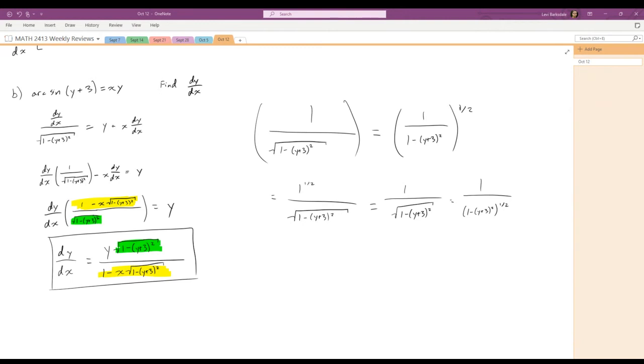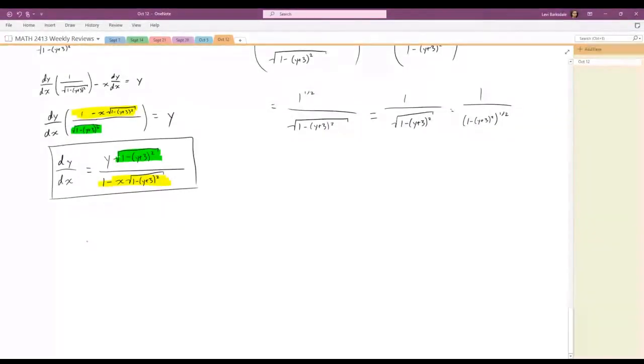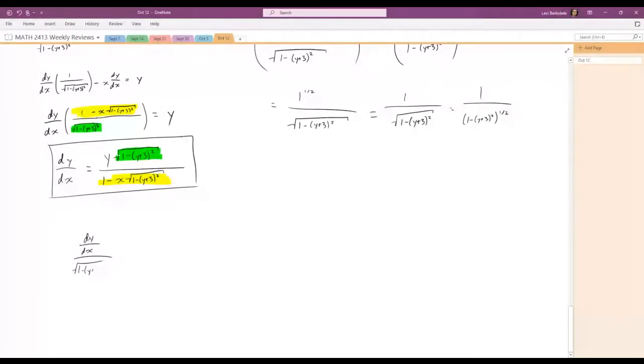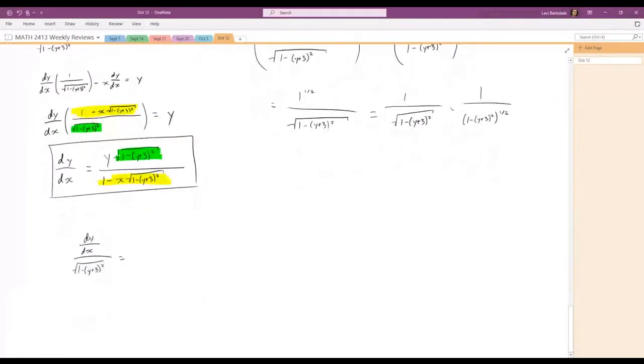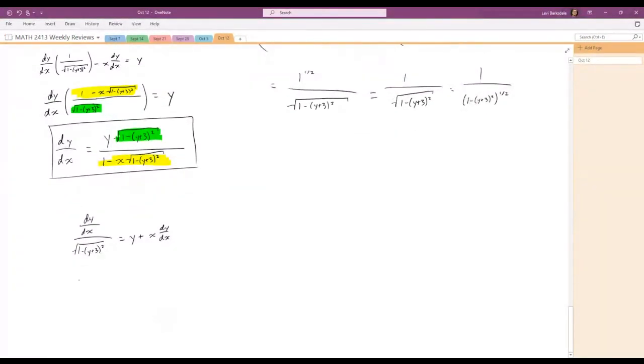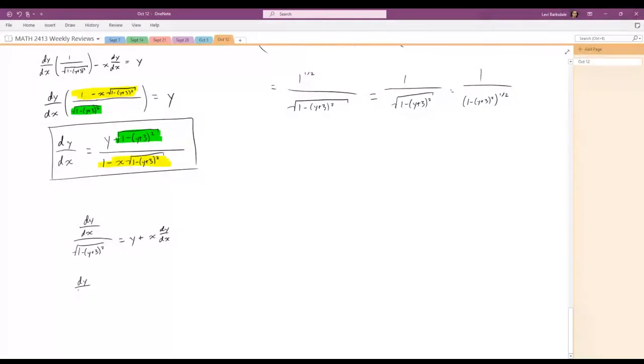So you're saying take my dy over dx over root 1 minus (y plus 3) squared is equal to y plus x dy/dx, and then rewrite it by switching it to be dy over dx over y plus x dy over dx is equal to root 1 minus (y plus 3) squared.